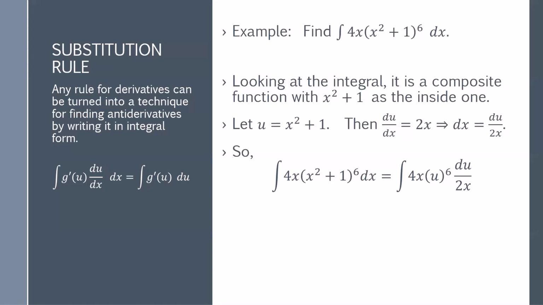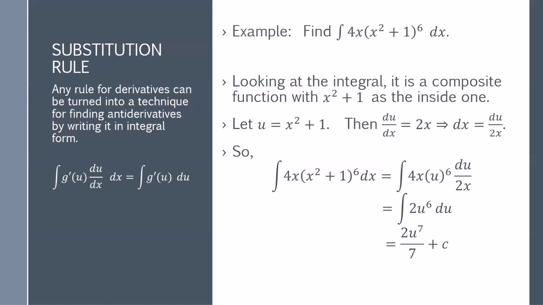We get some canceling. The 4 will divide out with the 2, and the x's will cancel, leaving us with the integral of 2u to the 6 du, which is a very straightforward integral in terms of u. This integral is equal to 2u to the 7 divided by 7 plus a constant.